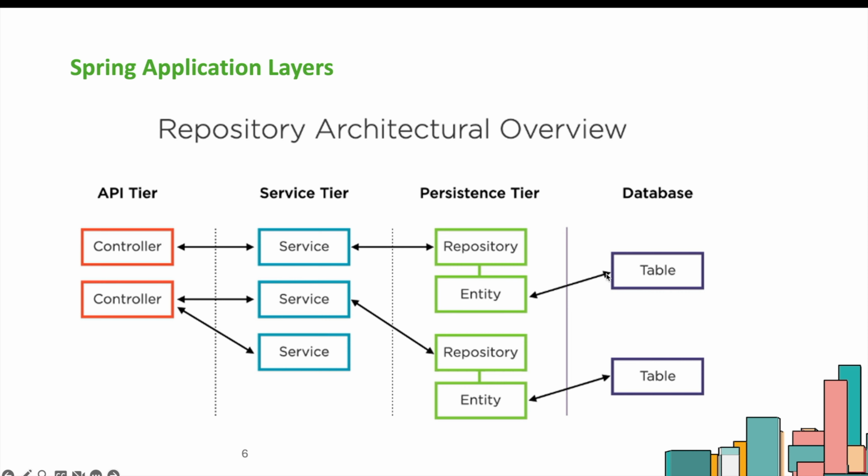If you look deep down into the controller, model and database, usually we see something similar: controller tier, service tier, persistence tier, database. So we get a request from the front end, the controller will take that request and pass the value to the service, and the service will deal with the persistence layer.